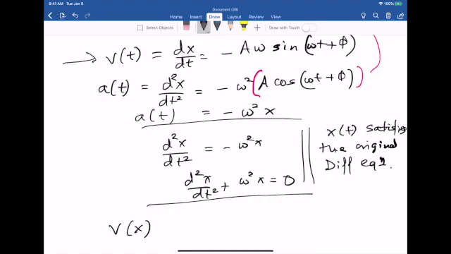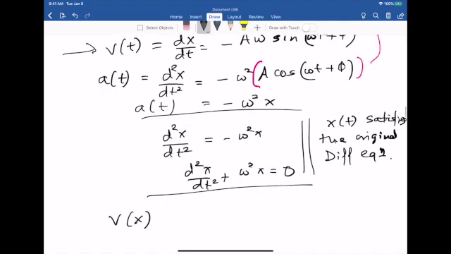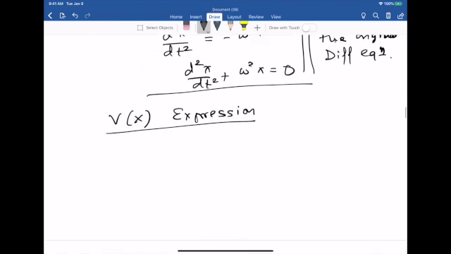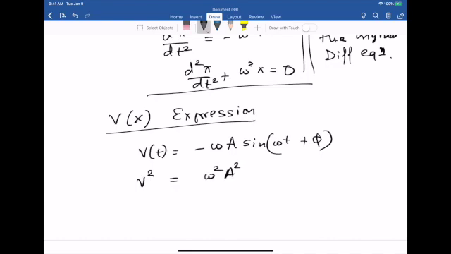So let's just derive an expression for the velocity as a function of x. That's not hard to do at all. The way you would do that is you could just take the expression for v of t and square it. So we have v of t equal to minus omega a sine(omega t plus phi). Let's square this. So v squared is equal to plus omega squared a squared sine squared(omega t plus phi).